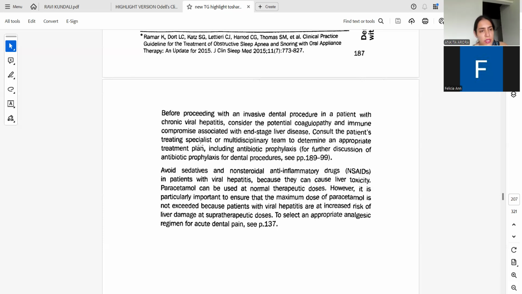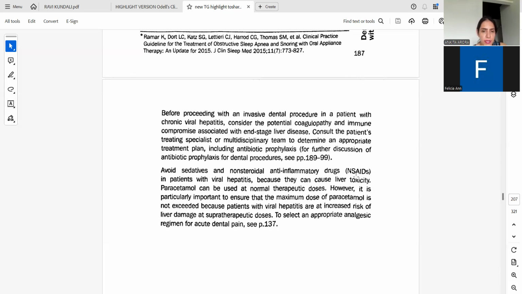Consult the patient's treating specialist or multidisciplinary team to determine an appropriate treatment plan. Include antibiotic prophylaxis. In this condition, we would need to consult with the specialist regarding antibiotic prophylaxis also.